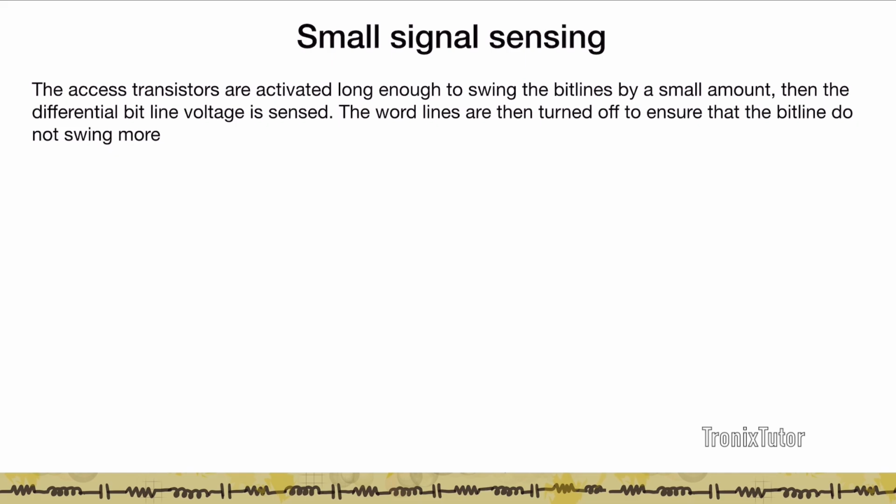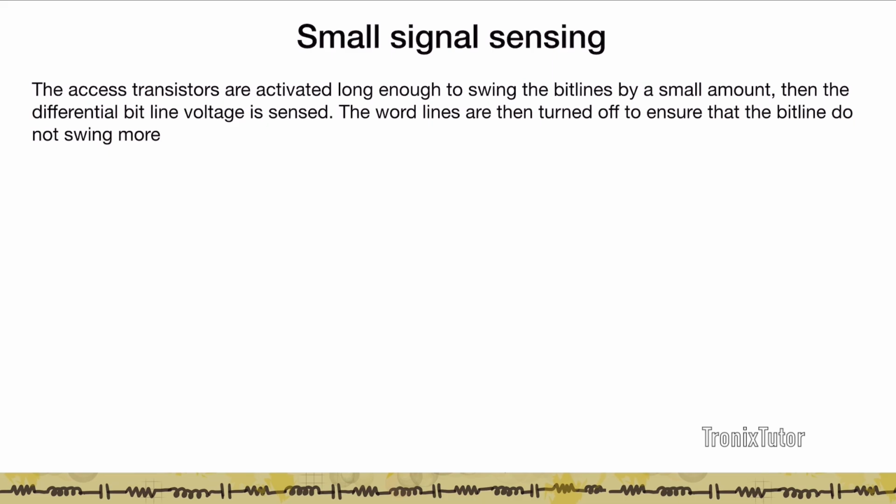So one way to reduce that power would be using what is known as small signal sensing, in which the access transistors are activated only long enough so that we see a separation between bit and bit bar, right? So eventually we are looking at a separation between bit and bit bar to decide whether we have a 1 or a 0 in the cell.